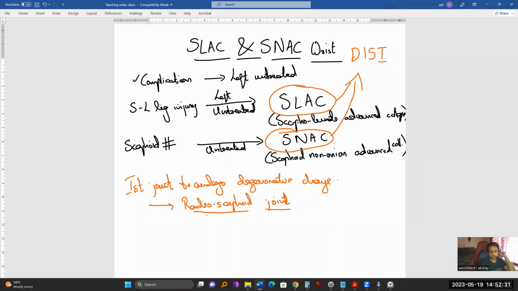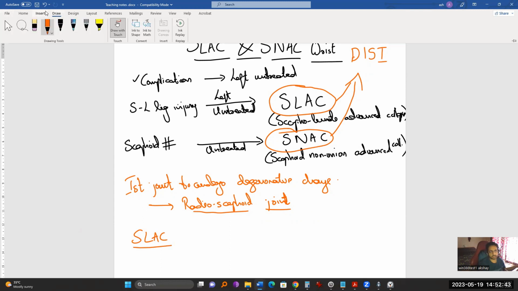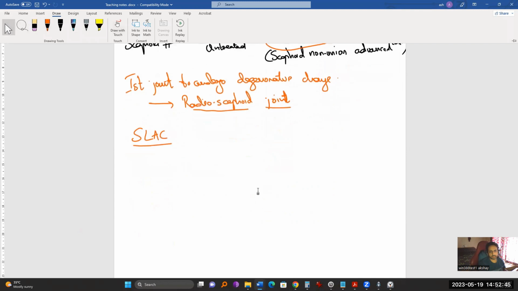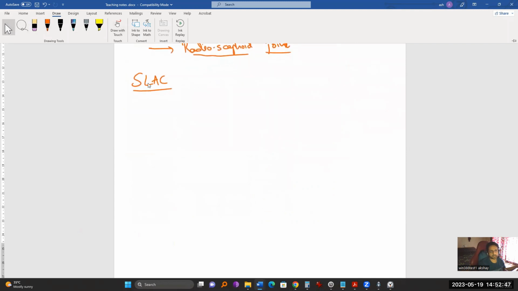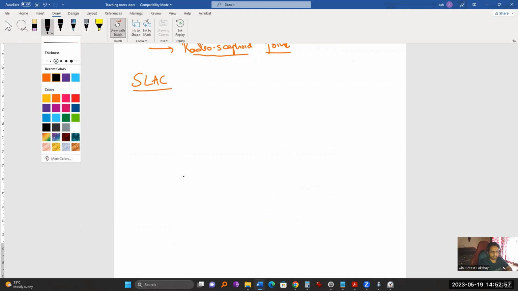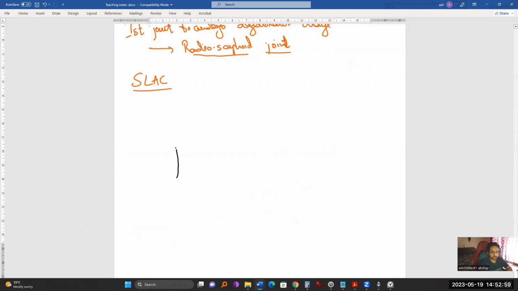Okay, so now let's see what happens in a SLAC wrist. In a SLAC wrist, there is a scapholunate ligament injury first, and it is left untreated.